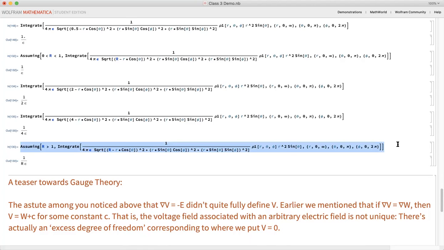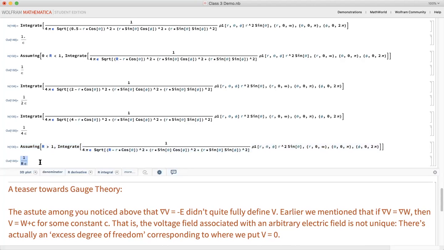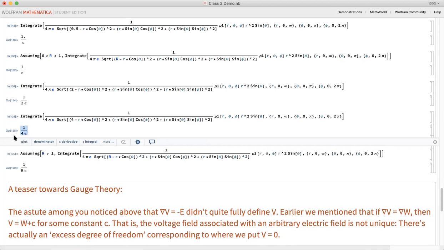My answer worked for the z-axis, but if I rotate my system so that the z-axis is along the x-axis, along the y-axis, or in any other direction, nothing changes. So this solution is actually universal. This tells me what it is at any distance r. And that gets us, again, this voltage field.